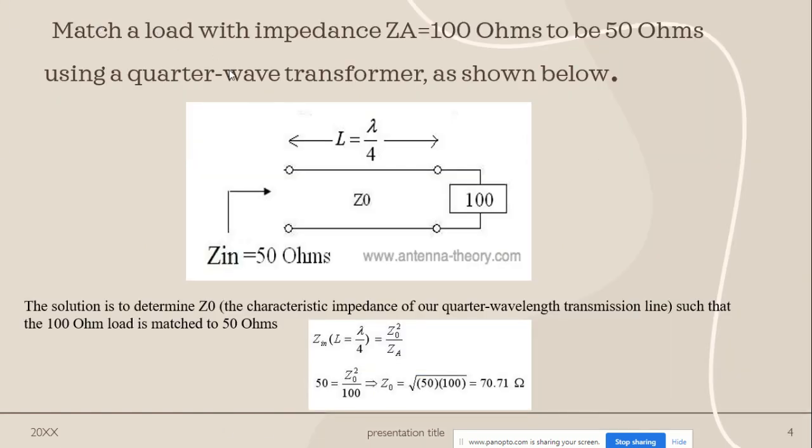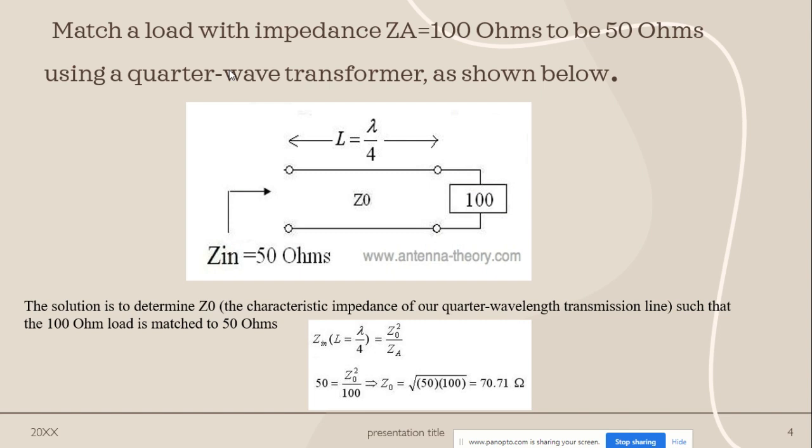Now let's go for one example. We are going to match a load with impedance ZL equal to 100 ohm to 50 ohms. So your Zin is 50 ohm and ZL is 100 ohm. The transmission line length I'm going to use here is lambda by 4. So you know already Zin at L equal to lambda by 4 is equal to Z0 square by ZL.